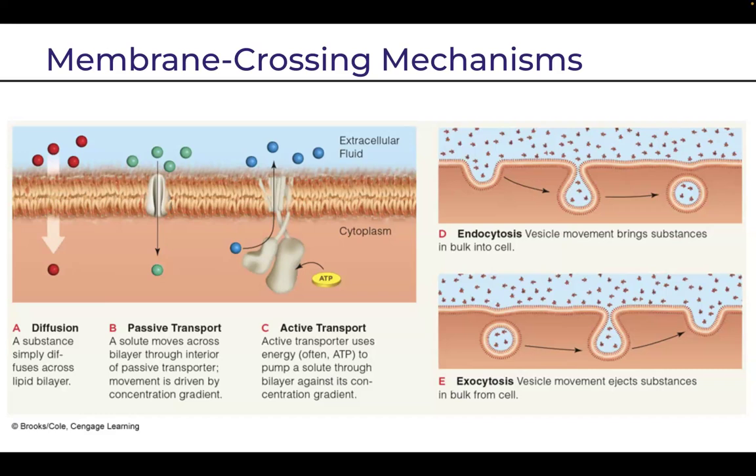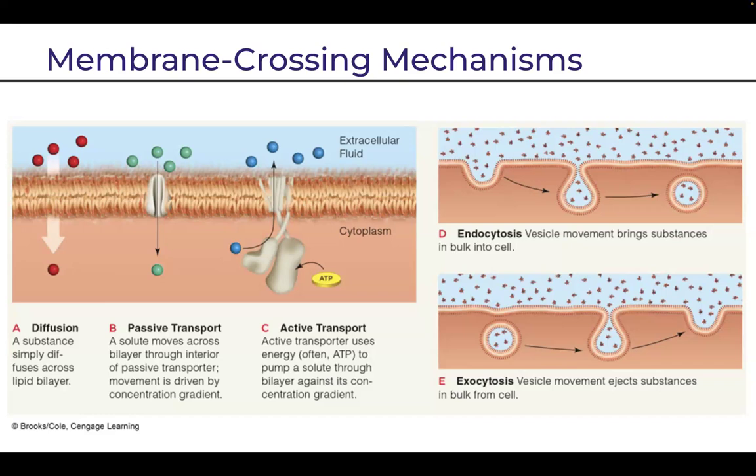So if you want to force it from low to high, that requires energy. It's typically ATP, and it's going to push that potassium against its concentration gradient. Against its concentration gradient means it's going to go from low concentration to high concentration. Normally they want to go from high to low, but here we force it from low to high, and that takes energy, typically in the form of ATP.